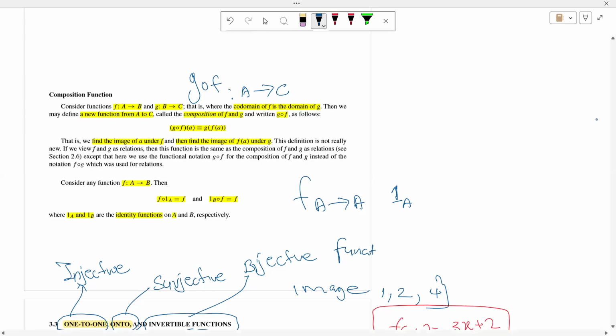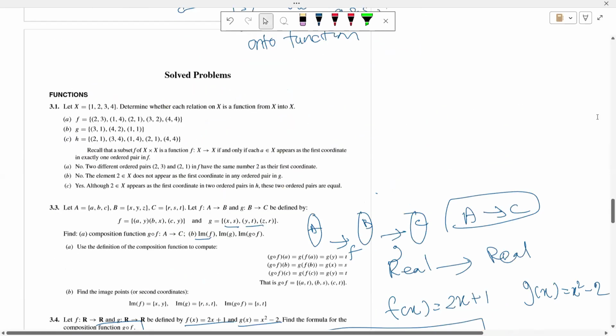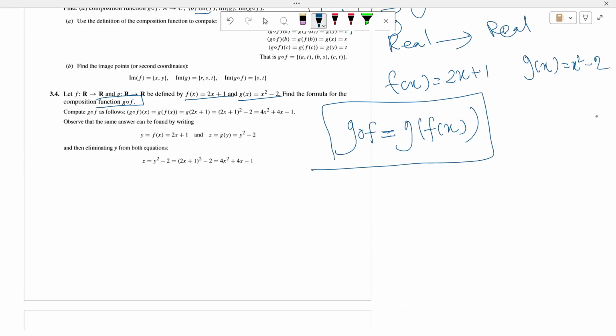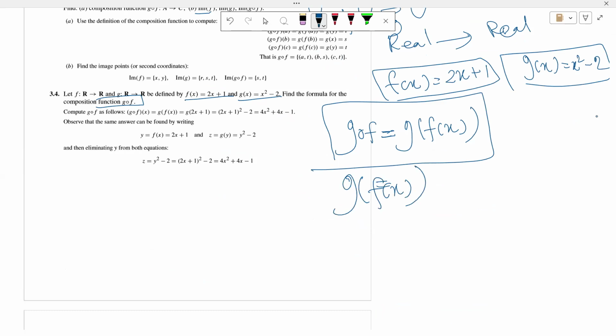From this definition, we can draw g of f of x. Now we know the function f of x as well as the function g of x. Now we need to find g of f of x.